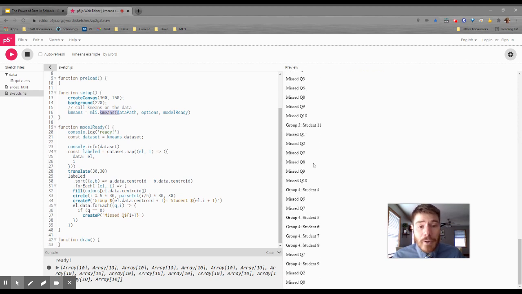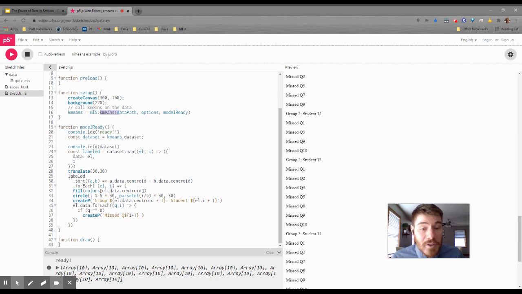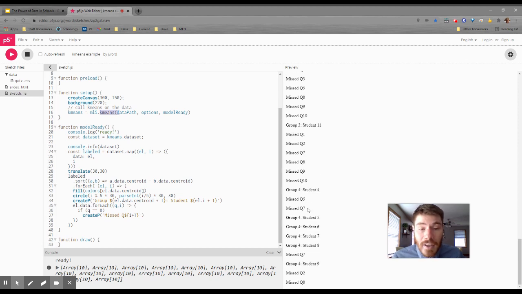As I scroll through the different groups here, that information changes as far as which questions they missed and who's involved in it. You can see in group 4, for example, there really aren't a lot of examples of questions that they missed. Maybe there were a couple, so that could be a good conversation for this group to still talk about.